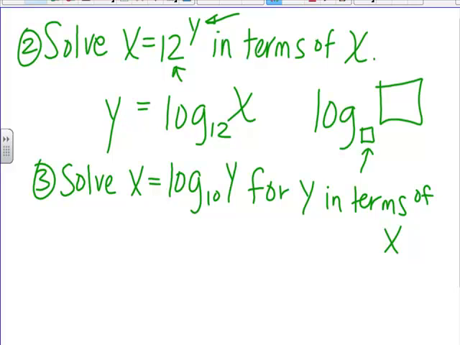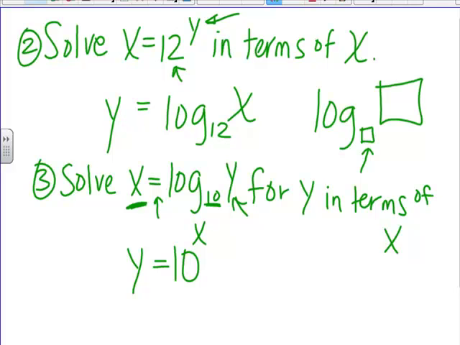So a logarithm, I'm going to say the same thing again, a logarithm is an exponent. So in this particular case, the thing in my exponent position, what logarithm is an exponent then, is my x. In this case, my base is 10. And so when I solve for y, I get y equals 10 to the x.